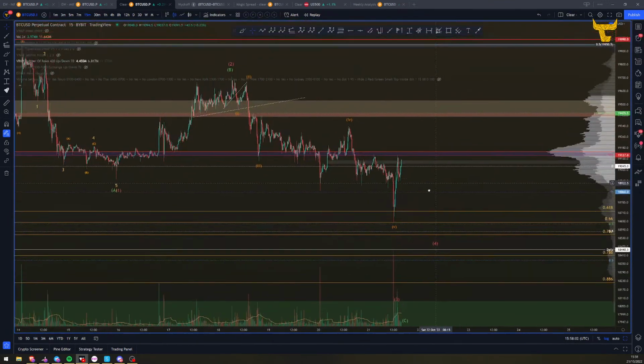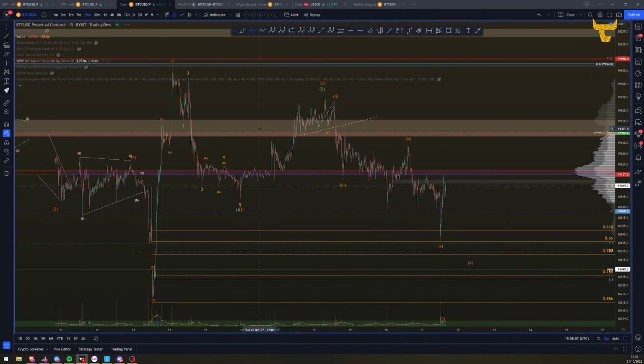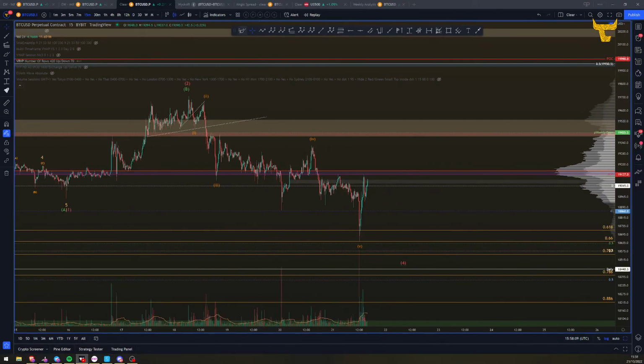So there's something weird here. I can count 5 here. Yeah, that works. We have a 1, 2, 3, 4, 5 expanding diagonal.